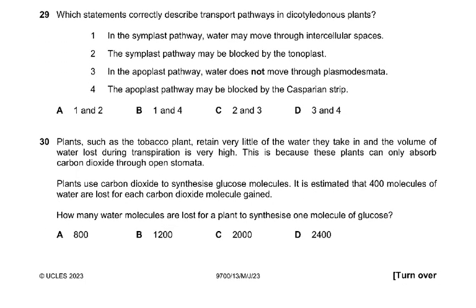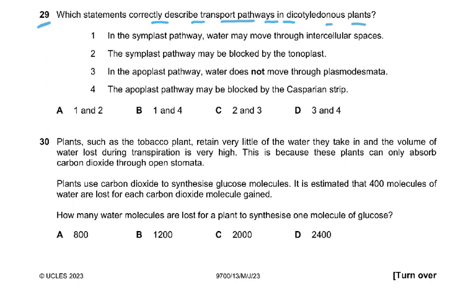Then coming to question number 29. Question 29. Which statements correctly describe transport pathways in dicot plants? In the symplast pathway, water may move through intercellular spaces. The symplast may be blocked by the tonoplast. In the apoplast, water does not move through the plasmodesmata. The apoplast pathway may be blocked by the Casparian strip.